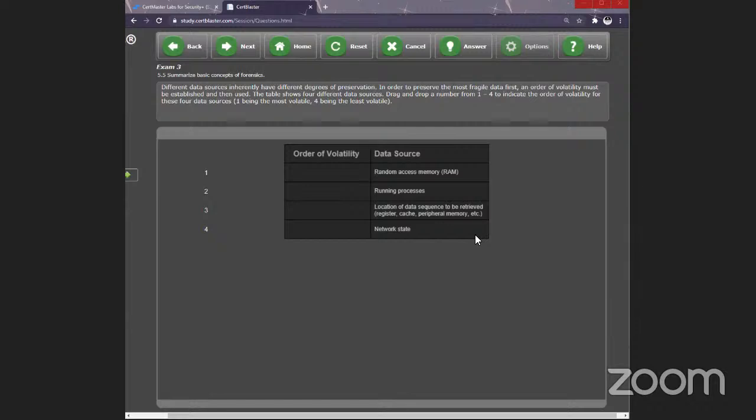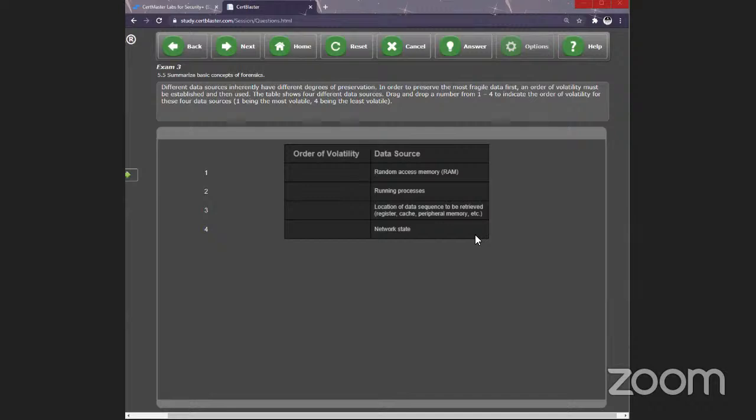Drag and drop the numbers 1 to 4 to indicate volatility for what we see. Okay, so the most volatile, I think of running processes. Is that data in motion with running processes?